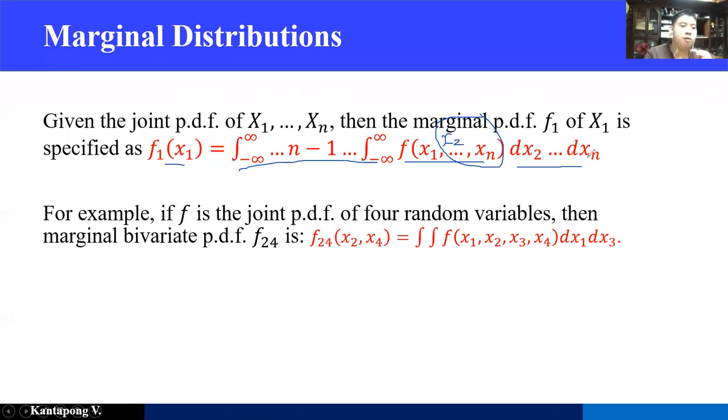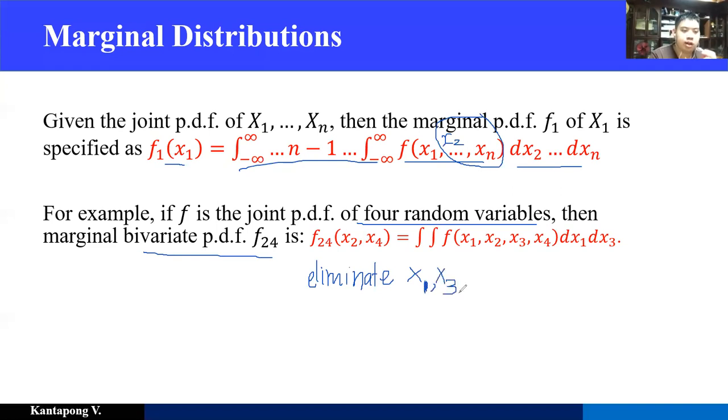Okay, so for example, and this one doesn't hold only for one variable, but for any pair of variables. Let's see this example. If f is the joint distribution of 4 random variables, then for the marginal bivariate, we can use this formula, because the logic is the same. So F24, what does it mean? We have to eliminate x1 and x3, right?